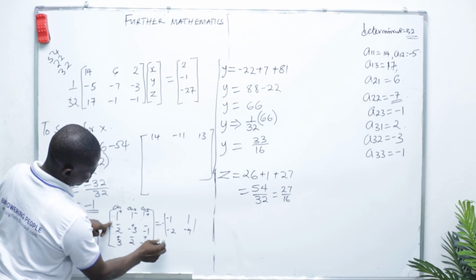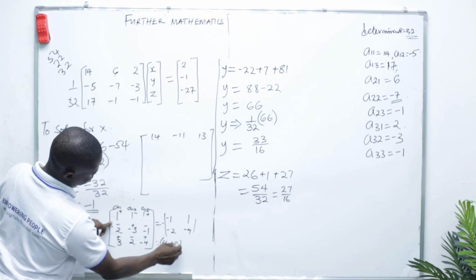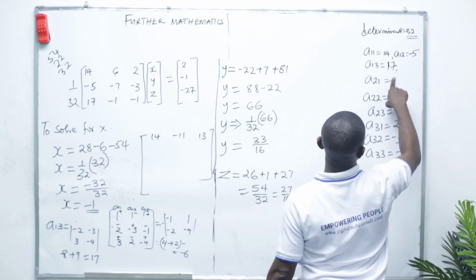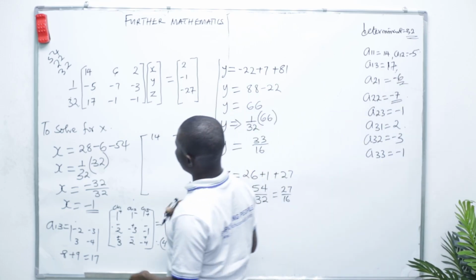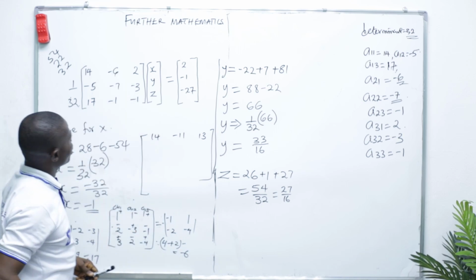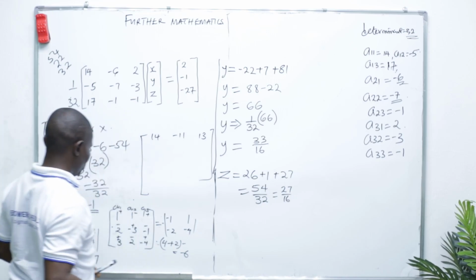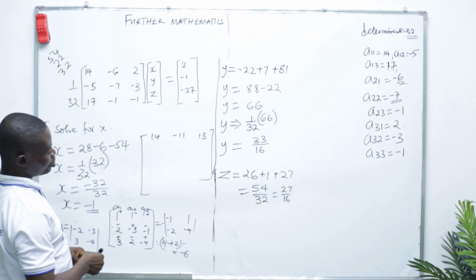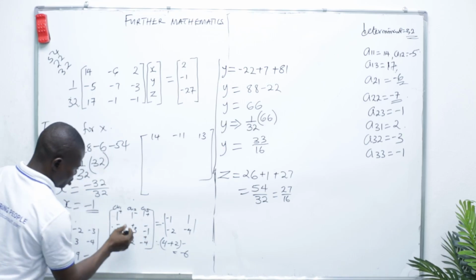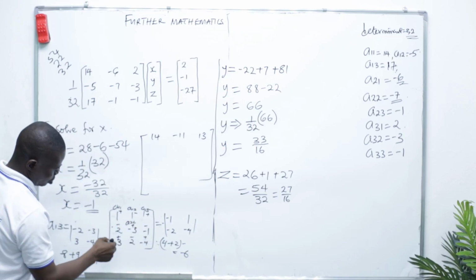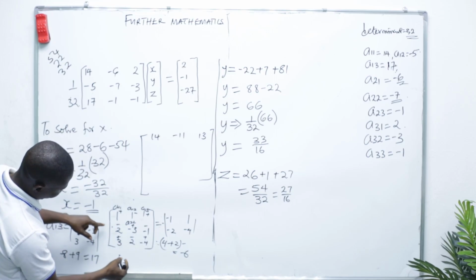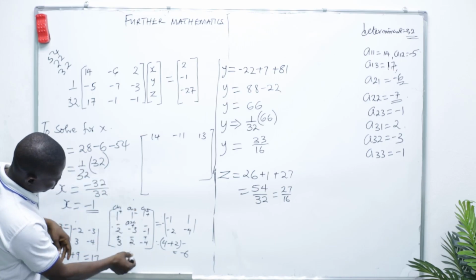Minus is there. 4 plus 2, minus 6. Then A22, this way.